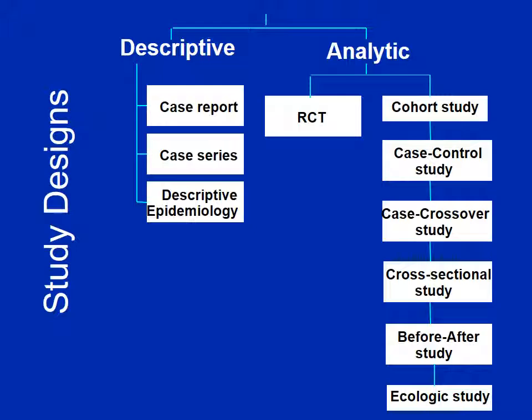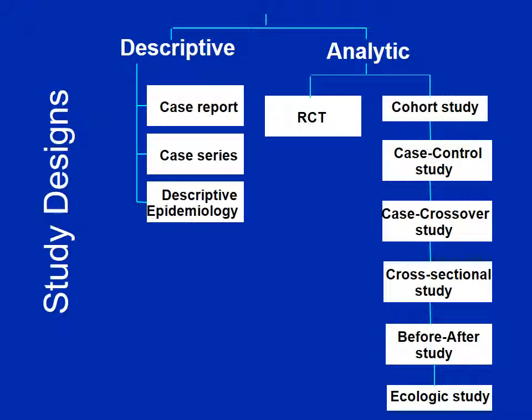A randomized controlled trial, like the one that we saw looking at green space and vacant properties, is the most well regarded in terms of being able to isolate the effect of the exposure on disease.